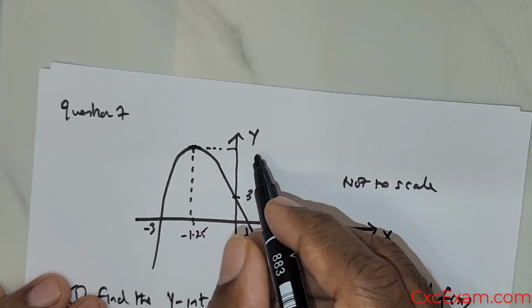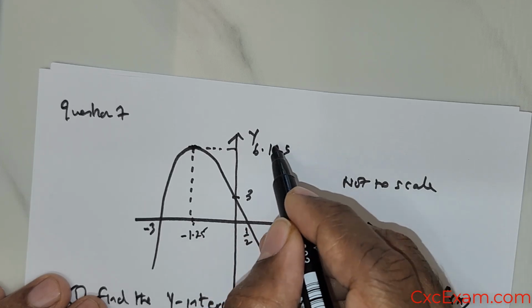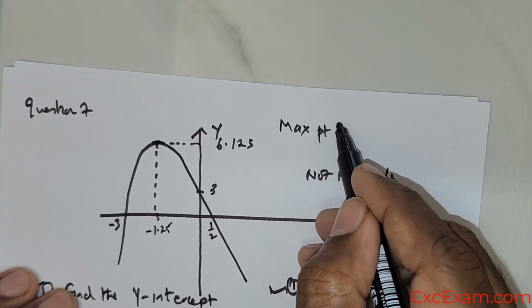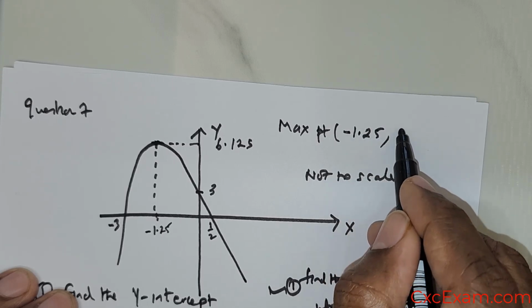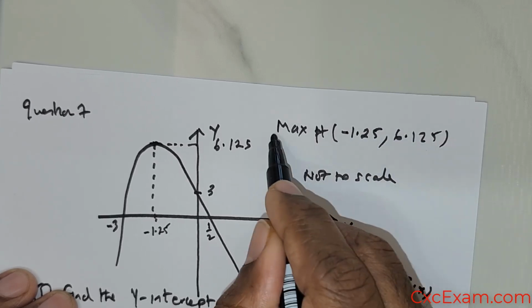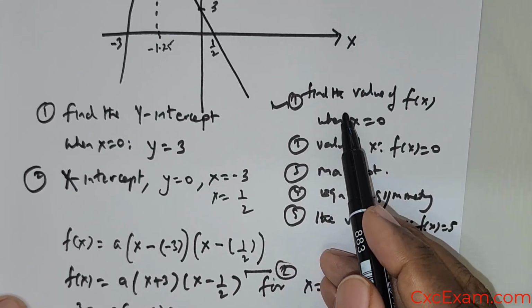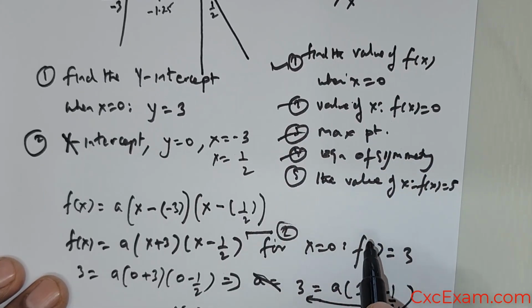Over here, this is going to be 6.125. So you can state that the max point is at negative 1.25, 6.125. So that is the completion for this question. So we have got the first one, second one, third one, the fourth one. All of these things have been obtained.